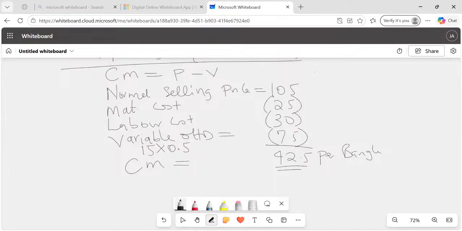Every bangle that I produce, I get that contribution margin.